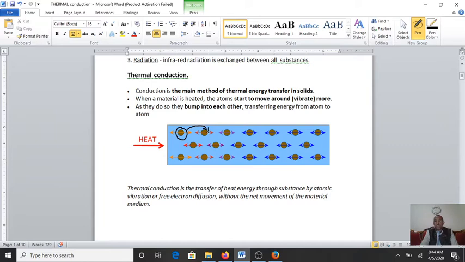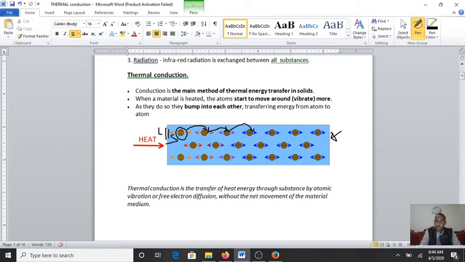It vibrates more, collides with the next, transfers some of its kinetic energy to this one, and the process continues. At the end of it all, the energy which was supplied to the left-hand side, this side, will have reached here through the vibration of the particles.